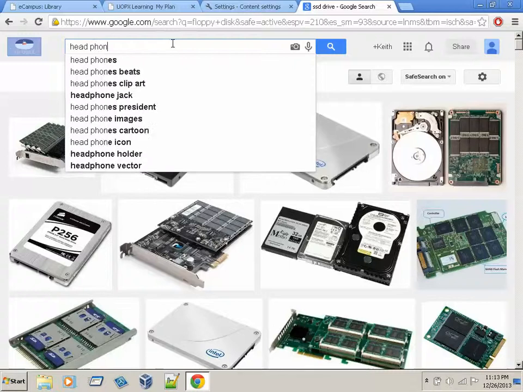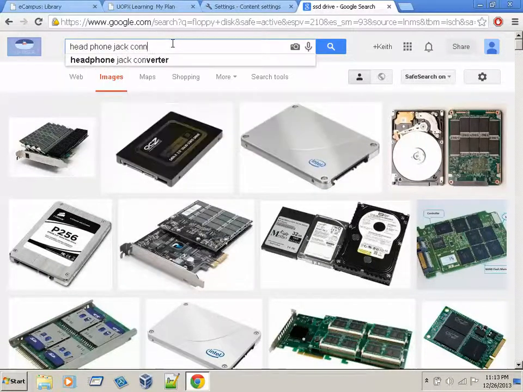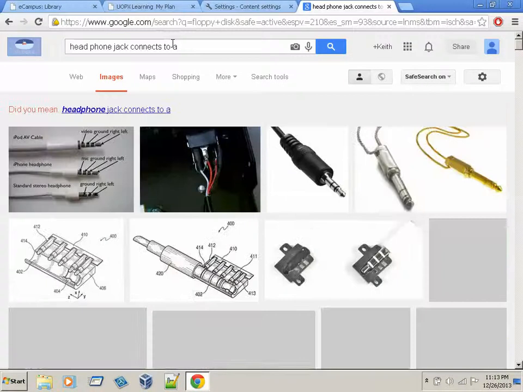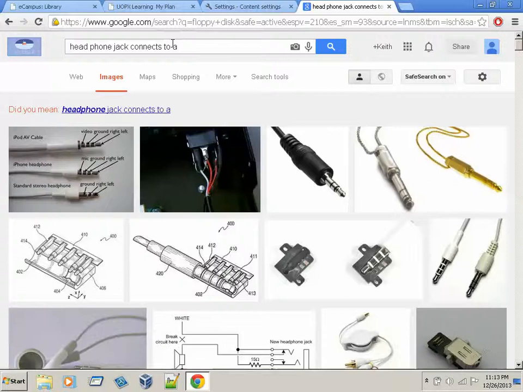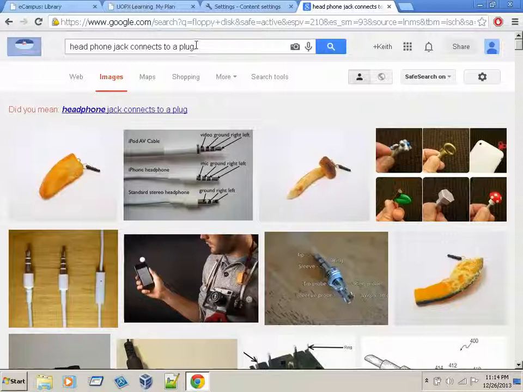Headphone jack connects to a, okay, so let's just put plug. Or maybe it's a port, huh?